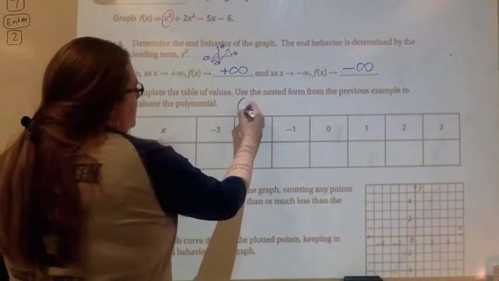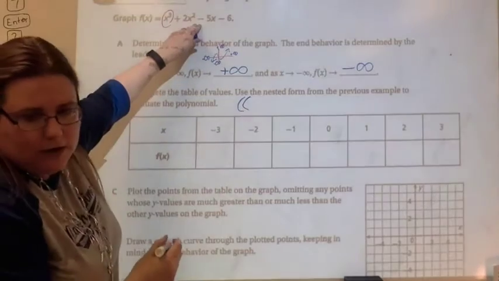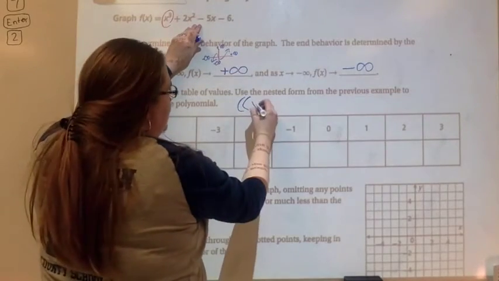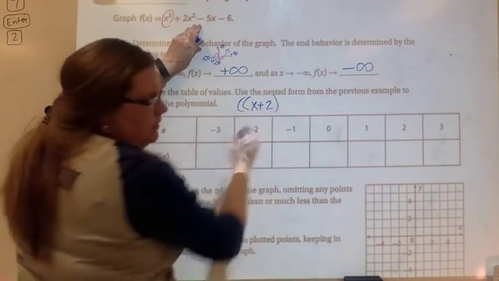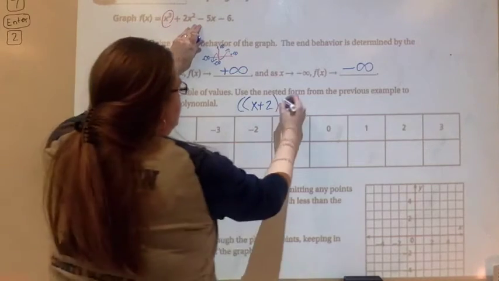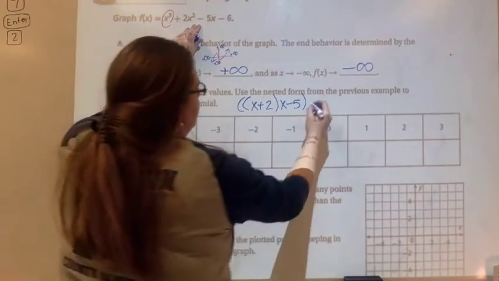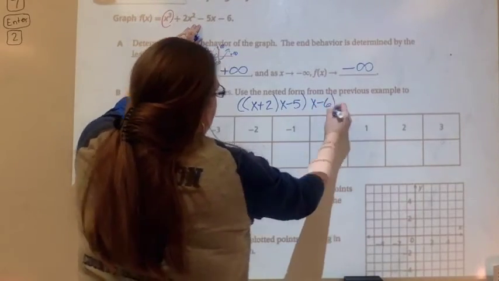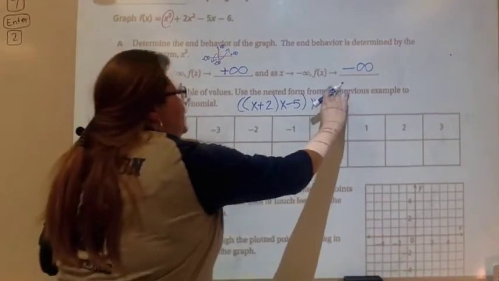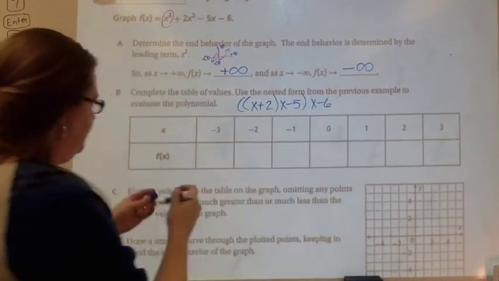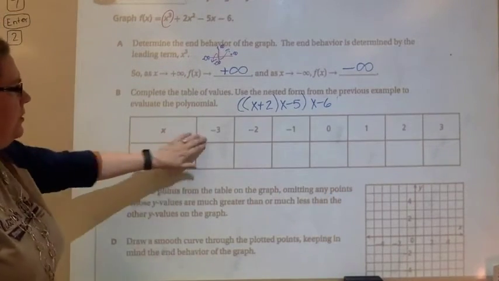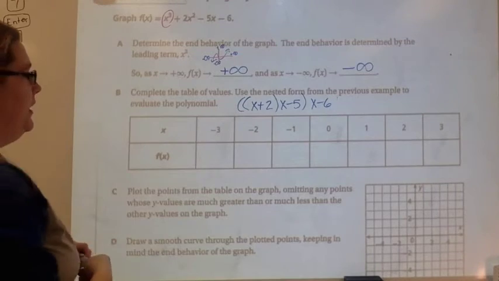Remember, the nested form of this equation was x plus 2, close parentheses, x minus 5, close parentheses, x minus 6. Okay? We only need that last one. So substituting these values in here may be a little bit easier now.